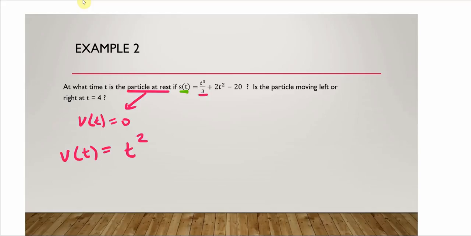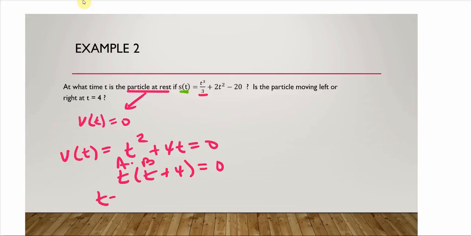So it's going to be t squared plus 4t. Then I'm going to set it equal to 0, and I'm going to solve for t. So I'm going to factor out a t. So that means that by the zero product property, if a times b is equal to 0, then one of them has to be 0. So that means that t is equal to 0 and t plus 4 has to equal 0. So that means that at t equals 0 and t equals negative 4, the particle is at rest.